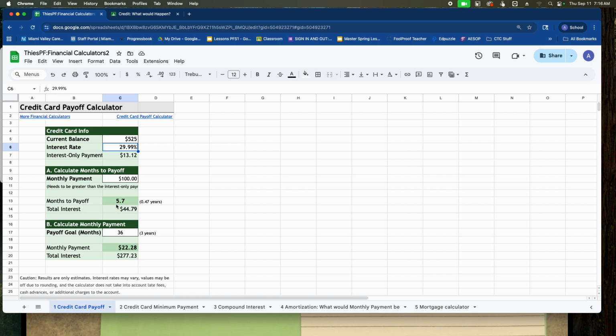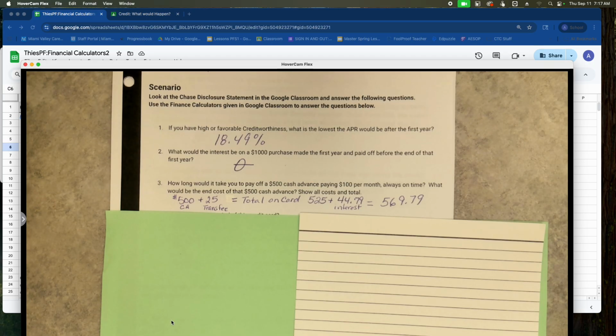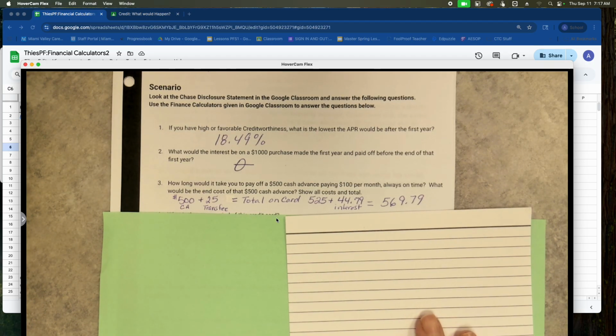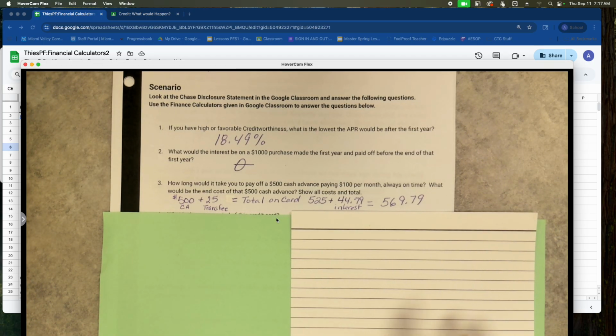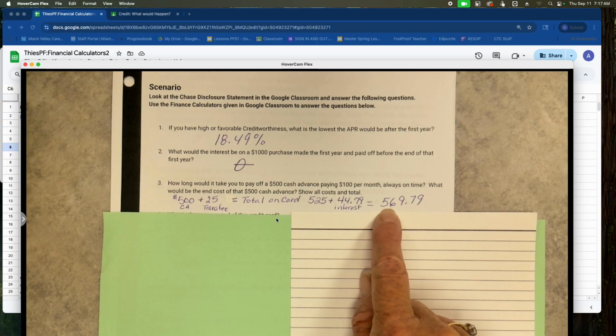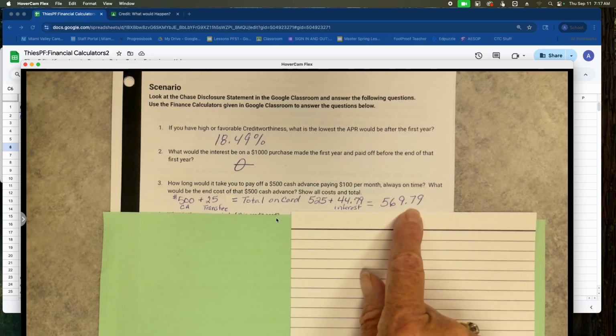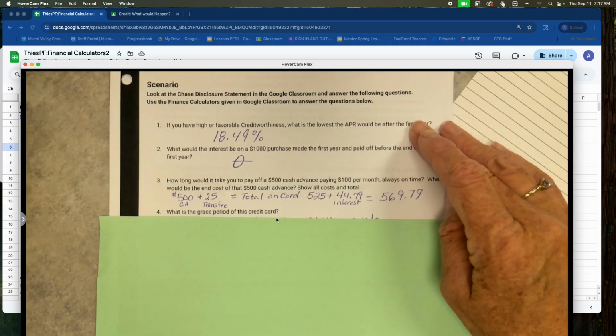So it is going to take us 5.7 months or 0.47 years in order to pay that off. If we go here, we're going to put that $44.79 in there plus our $525. So we have a total of $569.79 that this is going to cost us.